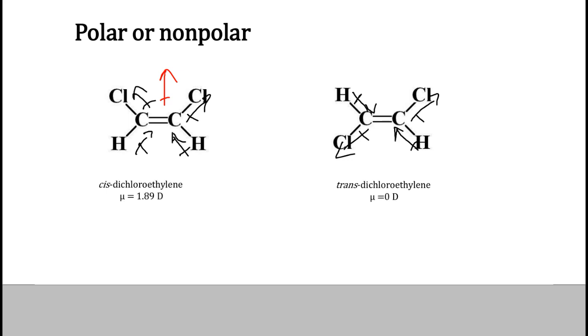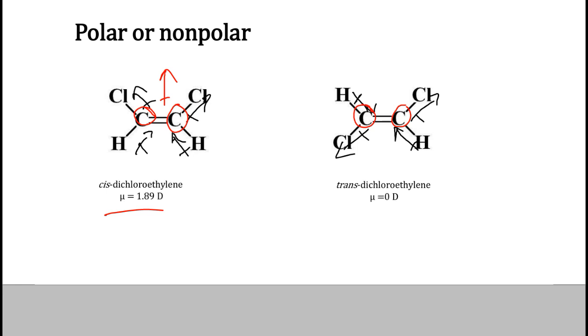So remember that each of these carbons has a trigonal planar geometry. So in this case, all of the atoms are in the same plane. So you can tell on cis dichloroethylene that there's a net dipole going up because the 2 chlorines are pulling towards them. There's an electron density shift towards them and then towards the carbons. So there's going to be a net dipole going up.